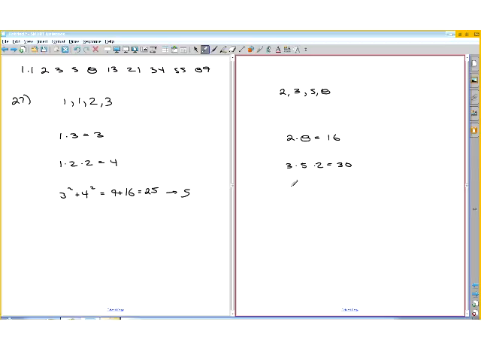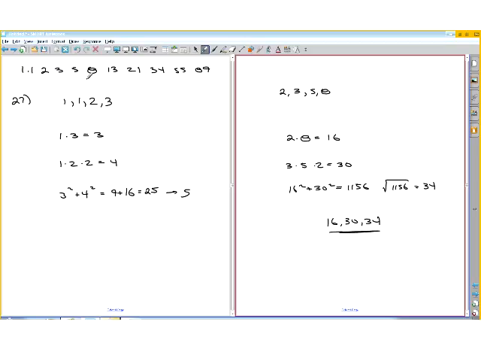And then we take 16 squared plus 30 squared, and we take the square root of that. When you do that, you get 1156. If you take the square root of 1156, you get 34. So 16, 30, and 34 are Pythagorean triples.